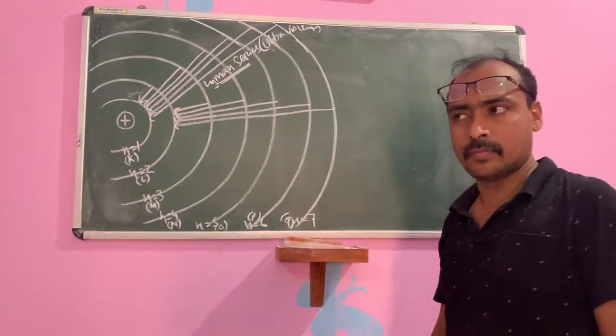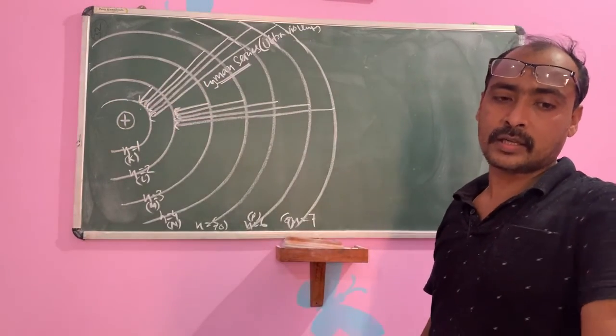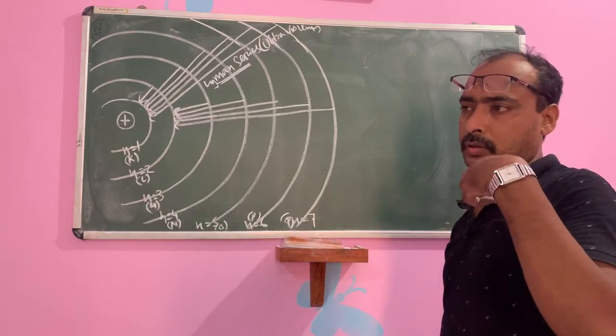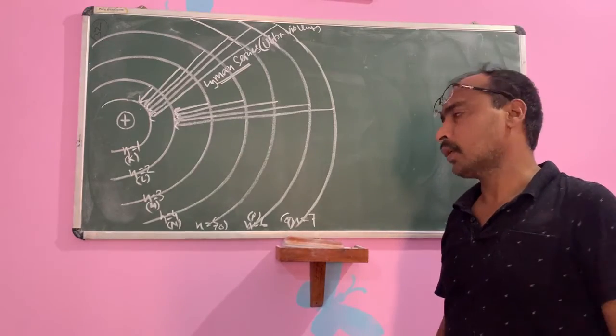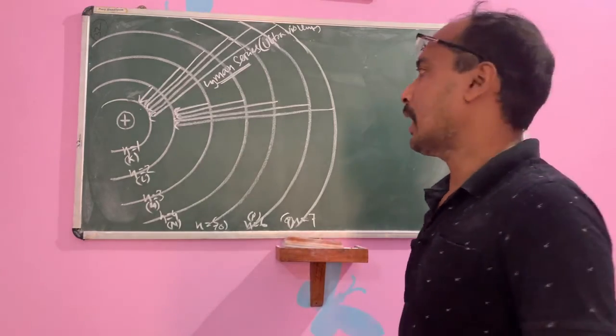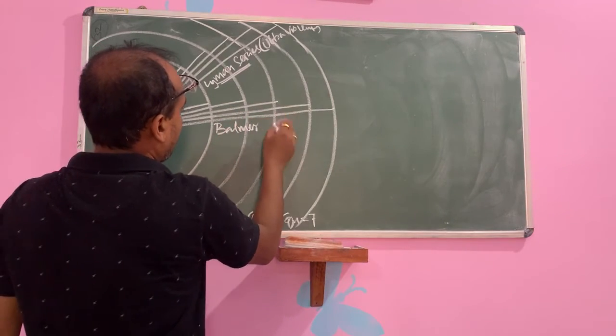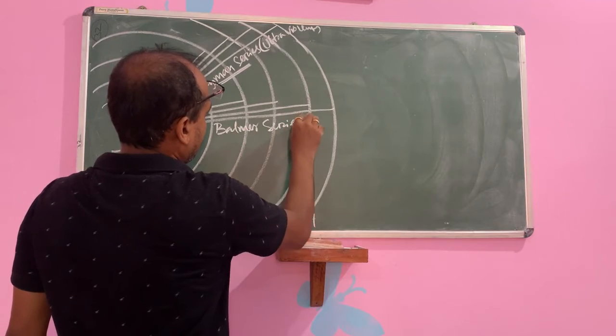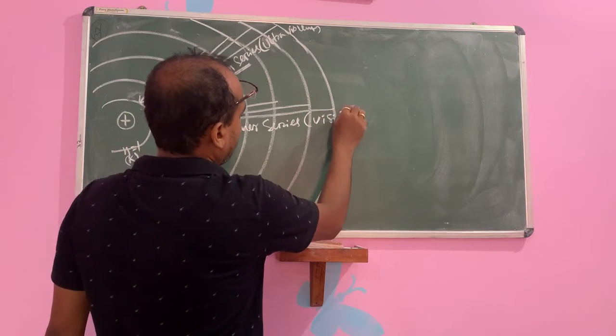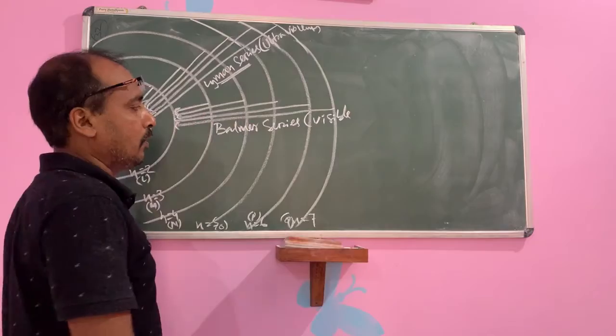First is Lyman, then Balmer, then Paschen, then Brackett, then Pfund. Balmer, B-A-L-M-E-R, Balmer series. This is in the visible frequency and wavelength, visible.